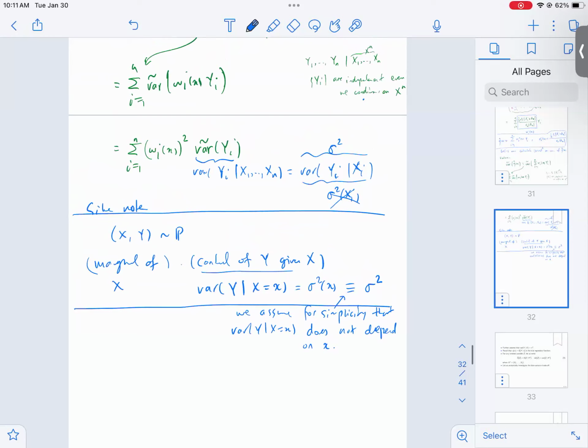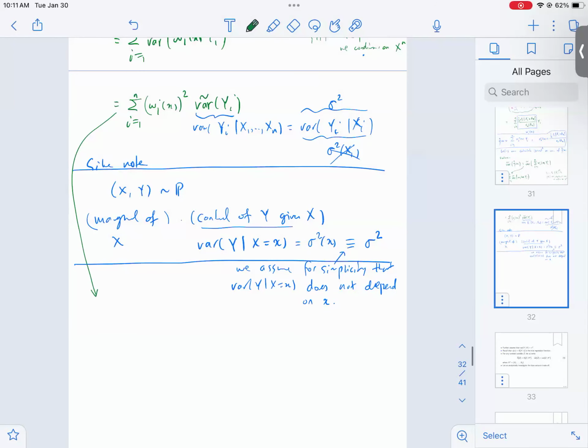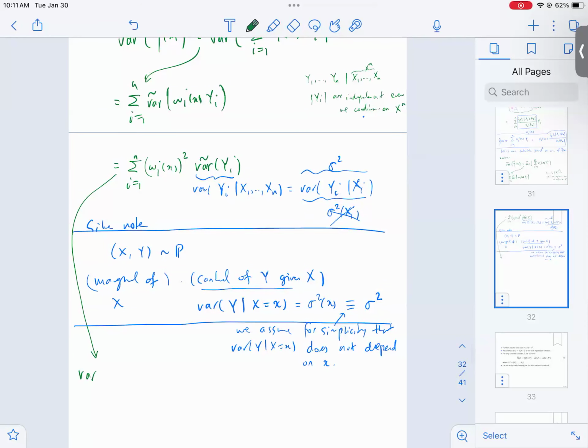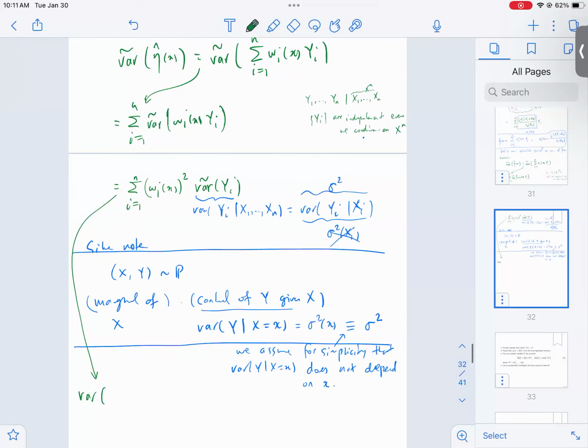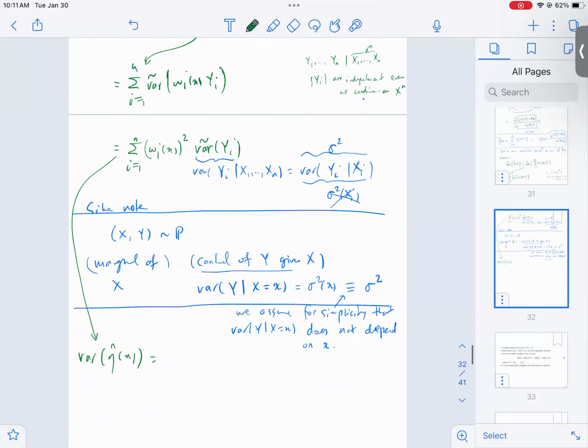Okay, so if that's the case, then my formula for the variance, so basically the variance of a dot x, becomes sigma squared comes out because all of them are the same, summation i from 1 to n of w_i(x) squared.